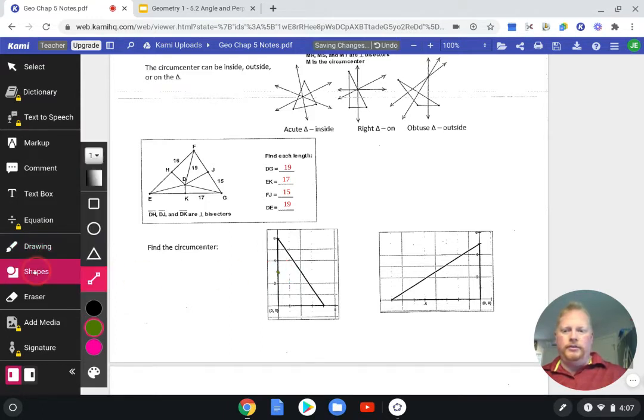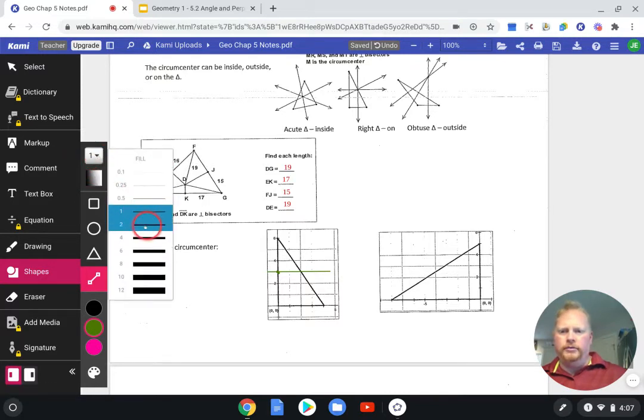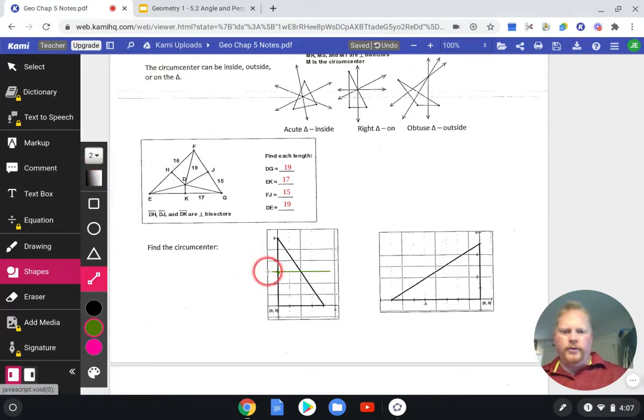And then just draw a horizontal line through that. Let me do that again with a thicker line. Okay, so that green line is my perpendicular bisector. I'm going to do the same thing down here.